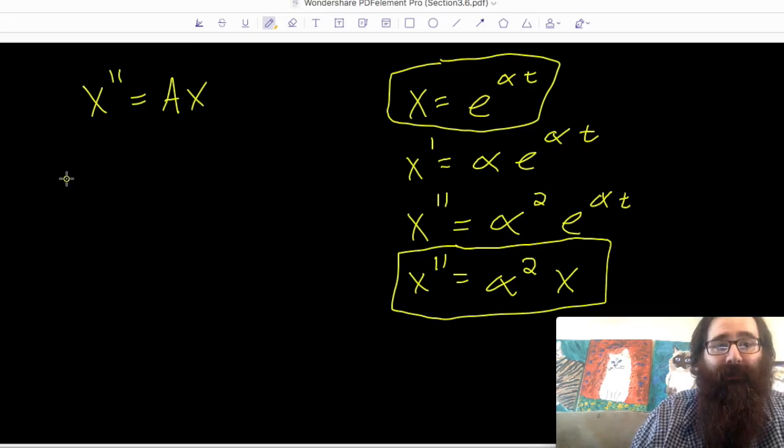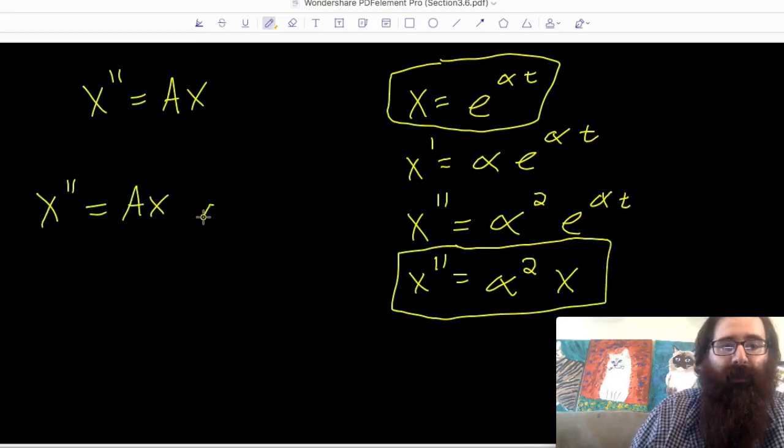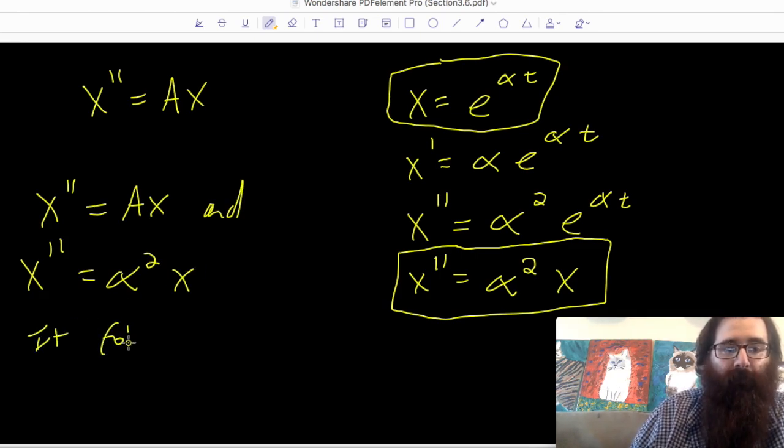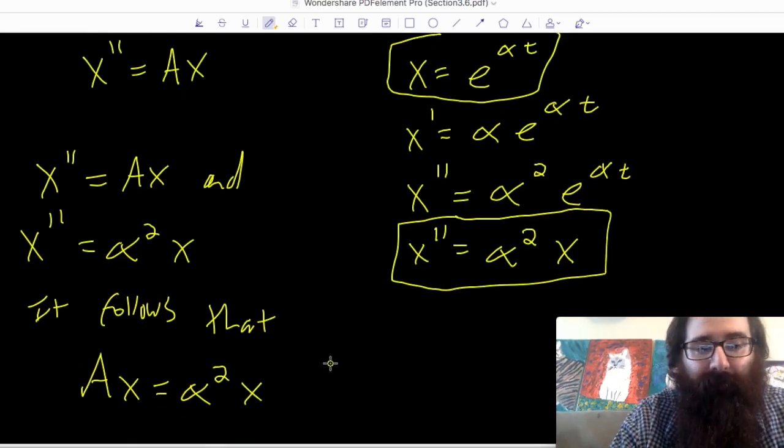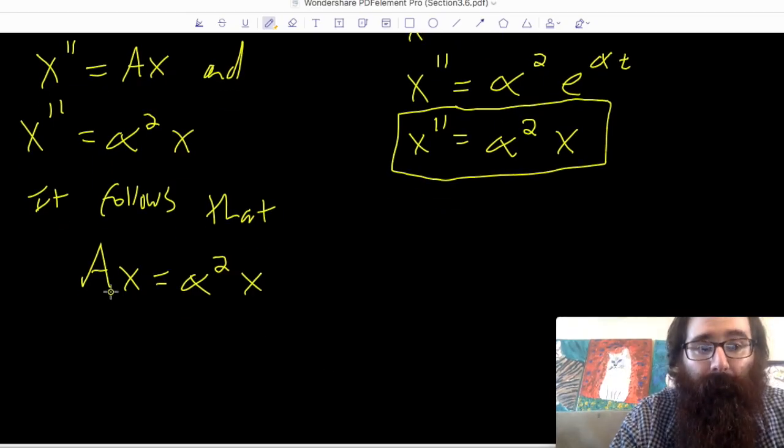Now in that case, since x double prime is equal to Ax, and x double prime is equal to some number alpha squared times x, it follows that A times x is equal to alpha squared times x. And this is an eigenvalue eigenvector system, right? Remember Ax equals lambda x. This is exactly reminiscent of that.